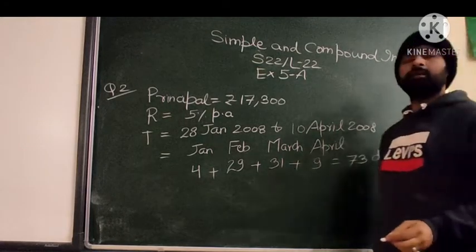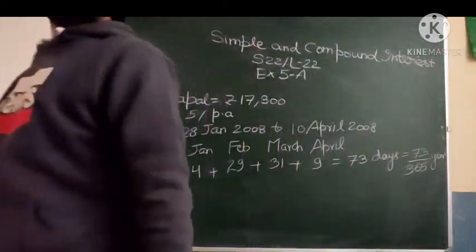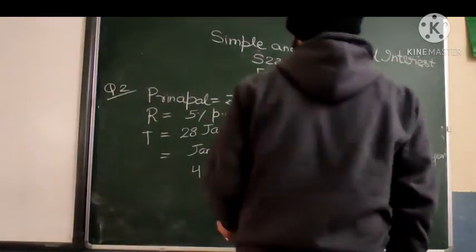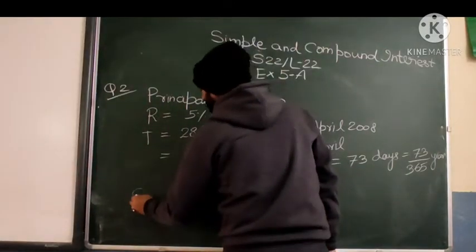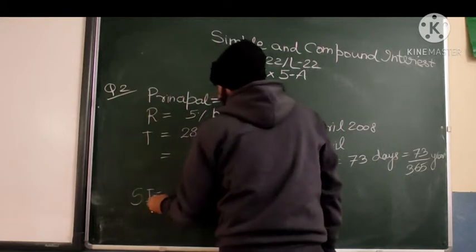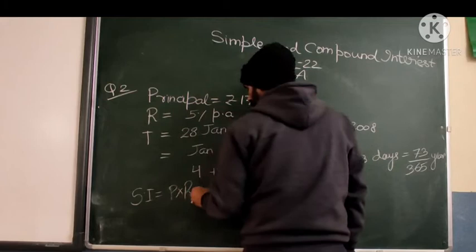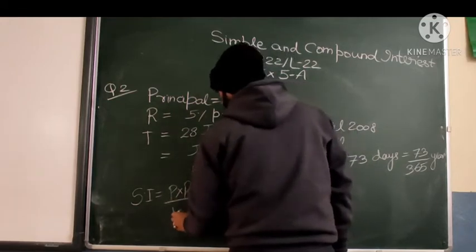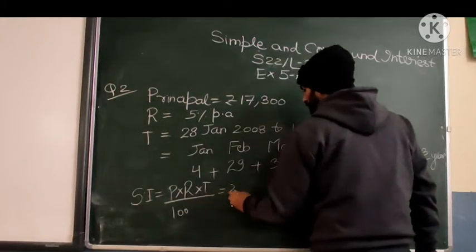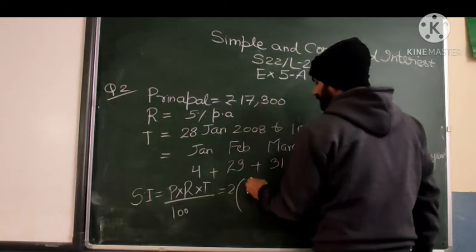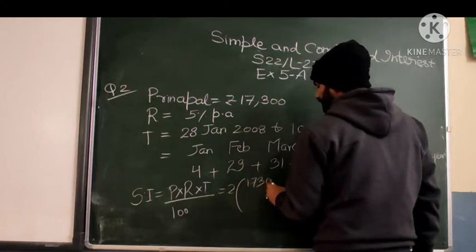I think this itself is a complete explanation of this question. Now what remains is merely application of the simple interest formula, that is P into R into T by 100, equal to rupees, principal 17,300.